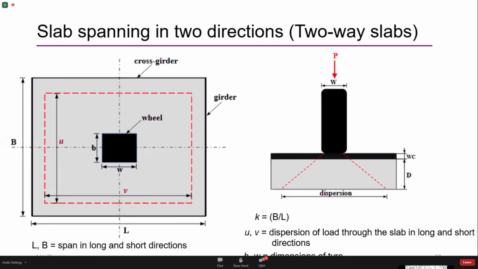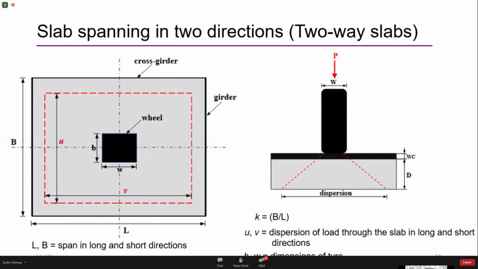For simplicity, let's assume that the slab is supported on girders and cross girders, on all four sides. These two axes are the centroidal axes of the slab, and a wheel load is placed centrally on this slab.